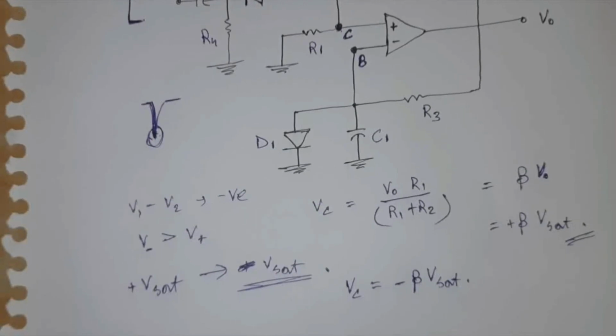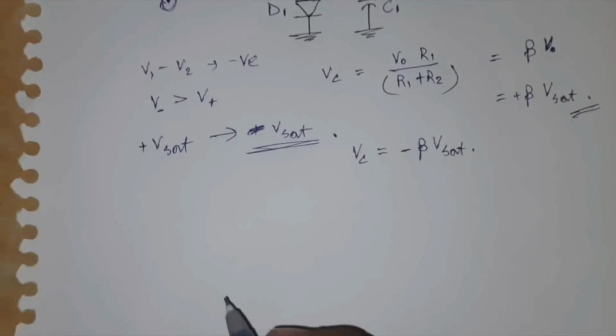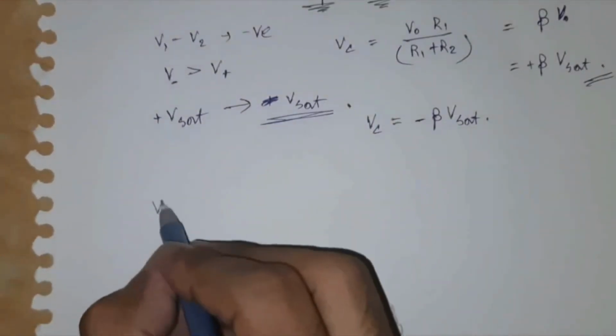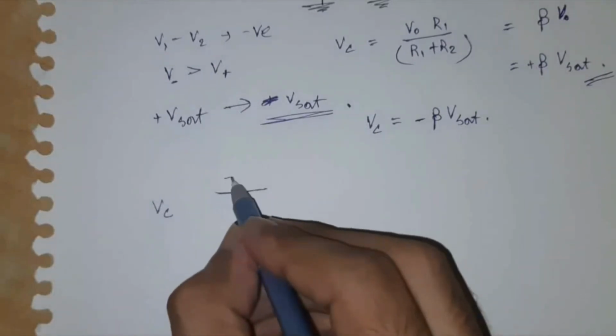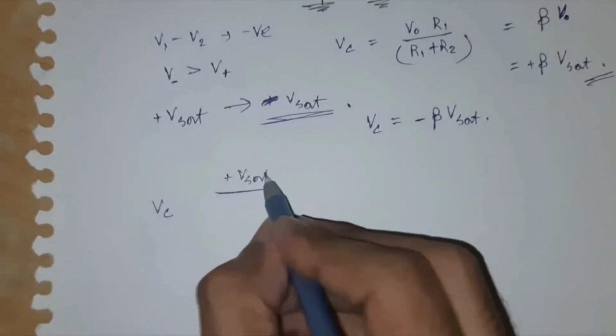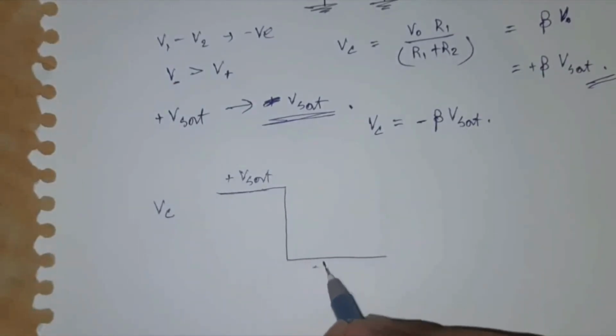Now we shall move on to the diagrammatic and mathematical treatment of the monostable multivibrator. So this is Vc, and it is moving from plus Vsat to minus Vsat.